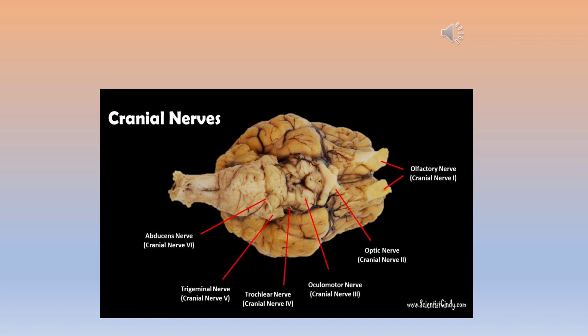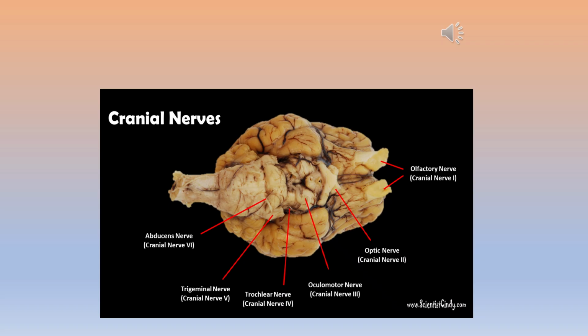A little bit posterior to that, also coming off of the pons, is cranial nerve number 6, the abducens nerve. Now we do have cranial nerves 7, 8, 9, 10, 11, and 12. They are not labeled here.